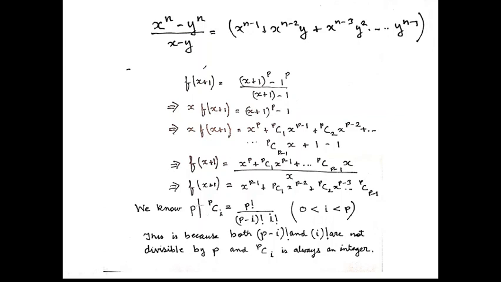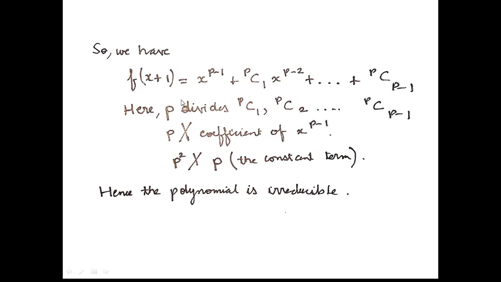So till now I think things are clear. Moving on, we have f(x+1) equals x^(p-1) + pC1 x^(p-2) up to pC(p-1), where x^0 is 1 and p times 1 is p. So p divides pC1, pC2, up to pC(p-1).